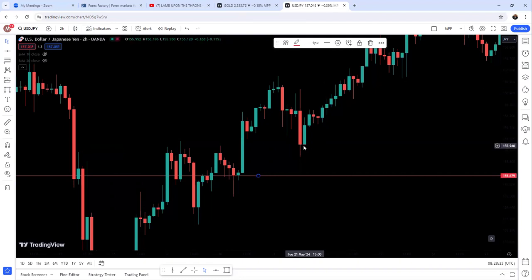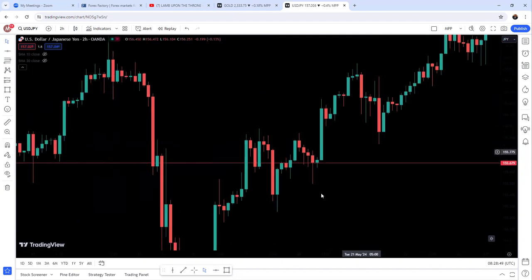There are going to be times when you have some small wick, but on this occasion, this is for me the perfect halt and reverse. Well, if we see more perfect ones, I'll tell you. But the perfect one is when we don't even see a wick on the candle that continued its journey. Halt and reverse. Let's see if we can find another one.